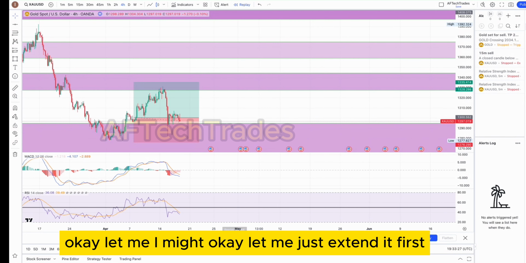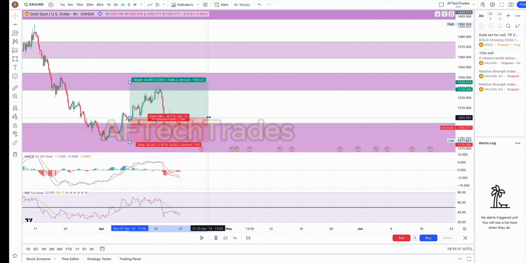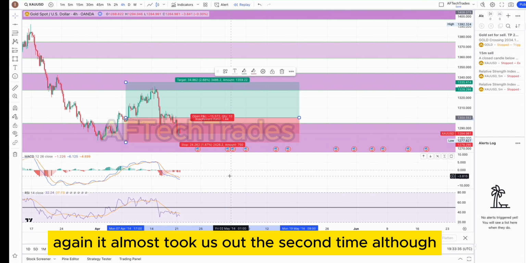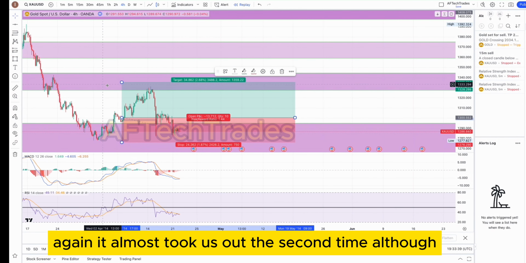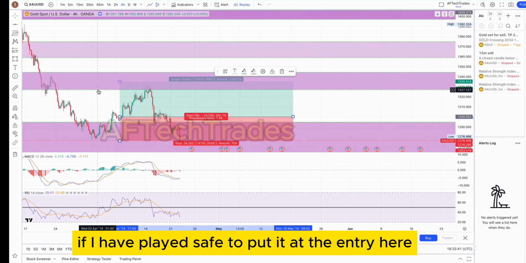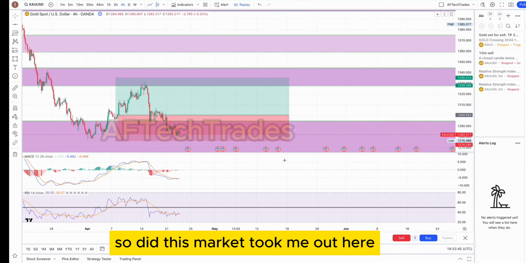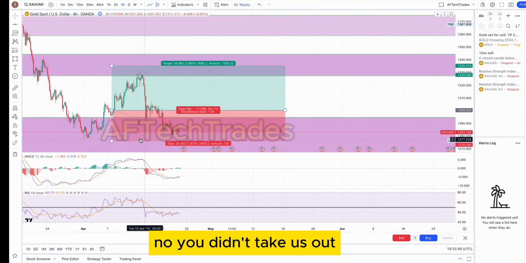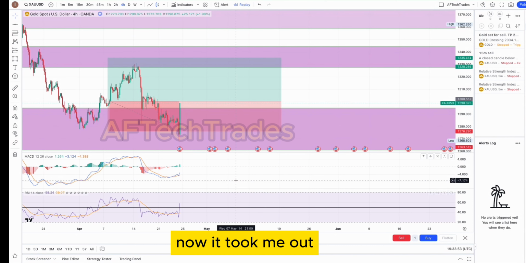Okay, let me just extend it first. Again, it almost took us out the second time, although if I had played safe to put it at the entry here. So did this market take me out here? No, it didn't take us out. If I had put it here, it would have taken our take. Now it took me out.